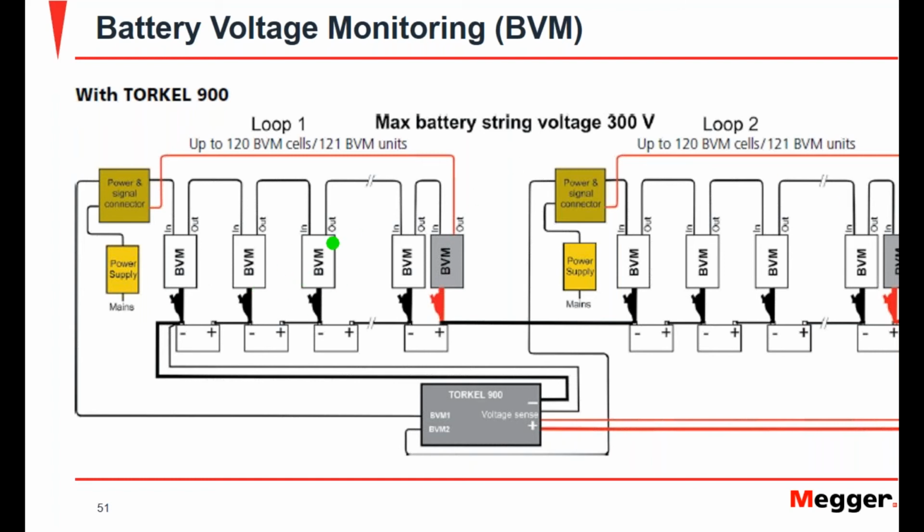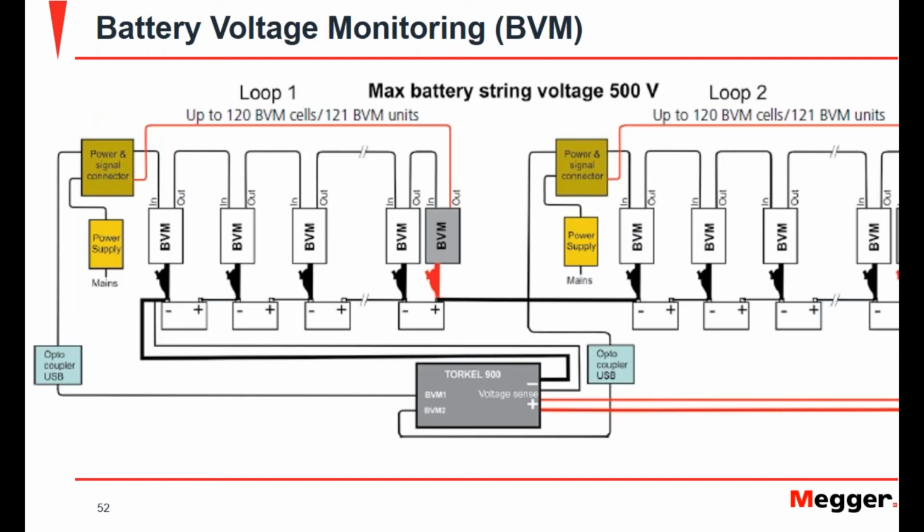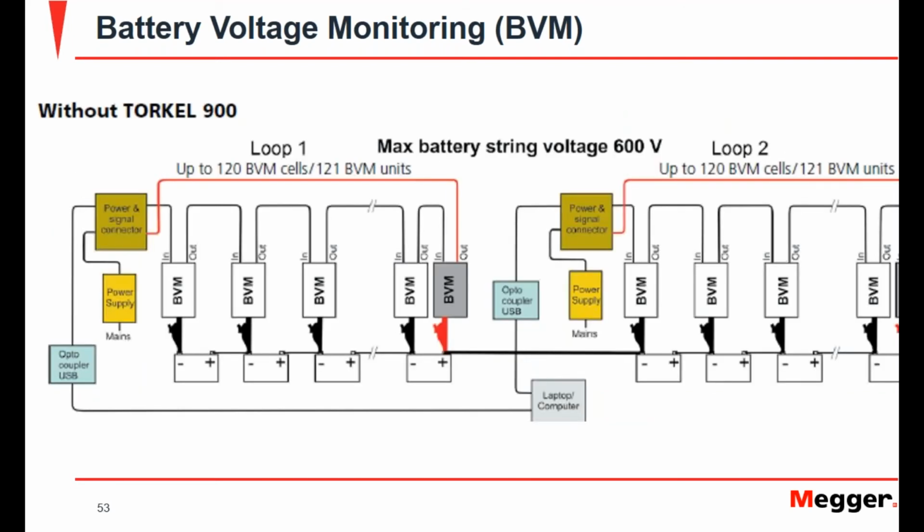You can also go to systems up to 500 volts, and in this case there's a little accessory that needs to be used to isolate those voltages from the battery to the instrument. And using the same accessory, the optocoupler, you can go a little bit higher. You can go to 600 volt systems without the Torkel, connecting to a computer.